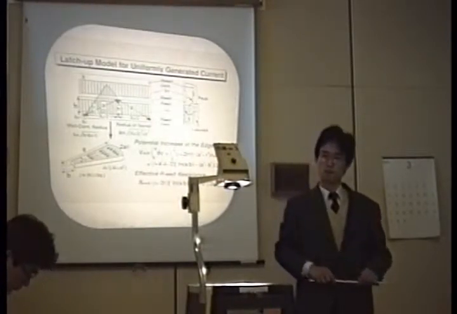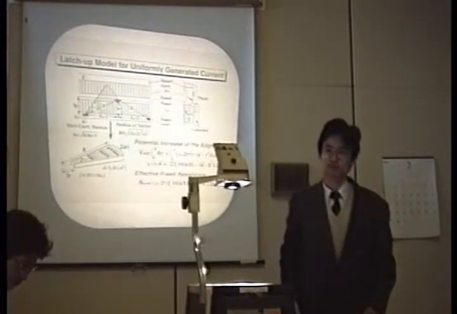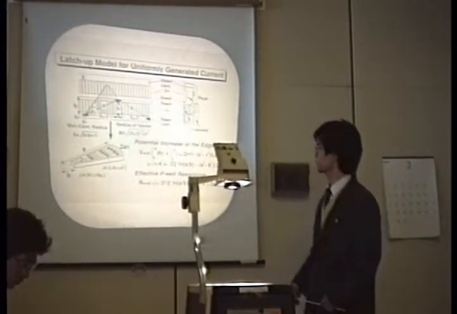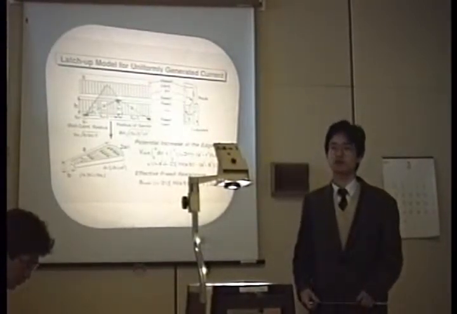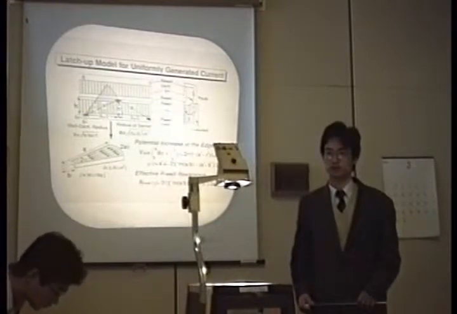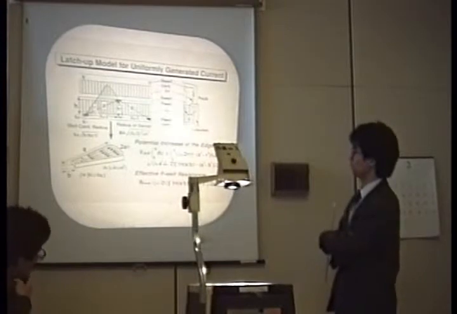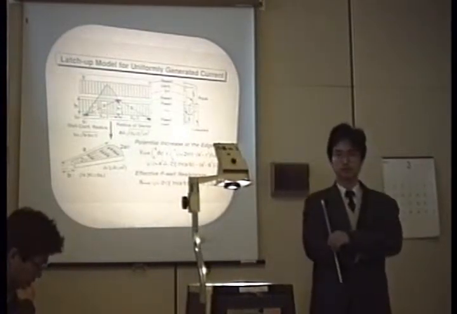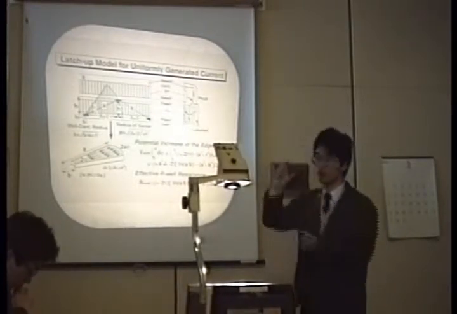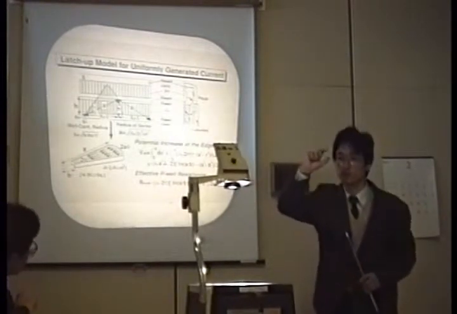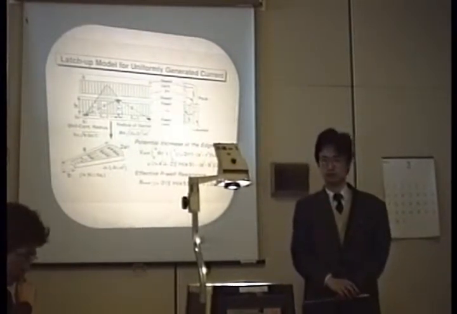So if you change the spacing between the N plus and P plus layers, then the value of A should change. Yes. But you didn't include that in your model, right? Beta N includes that idea, it takes that into account if the spacing is closer. I see. So it is included, actually. Okay.